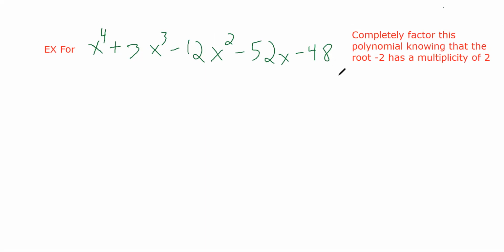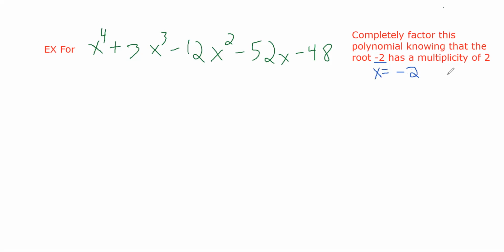All right, challenge accepted. So the root, remember, root is another word for a 0, an x value that can be plugged in here that will produce a 0 as a y value. So -2 might be the root, but that's like saying x equals -2.